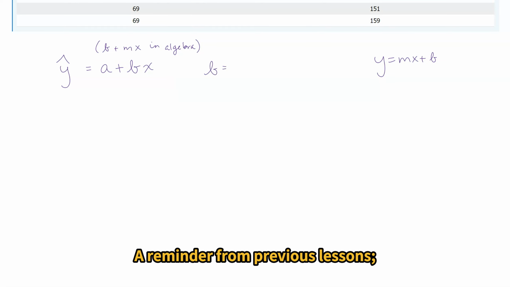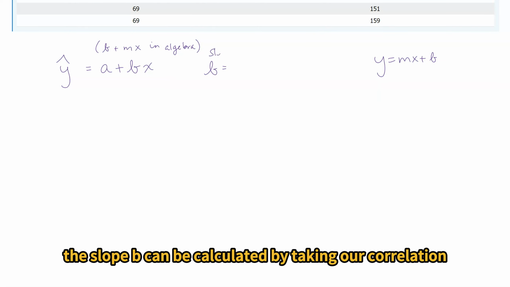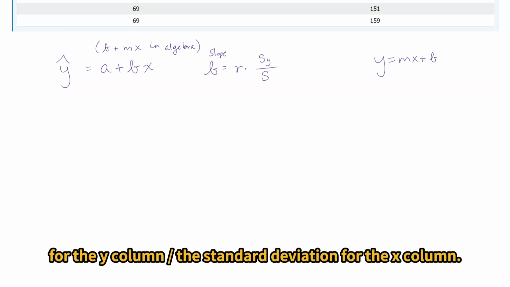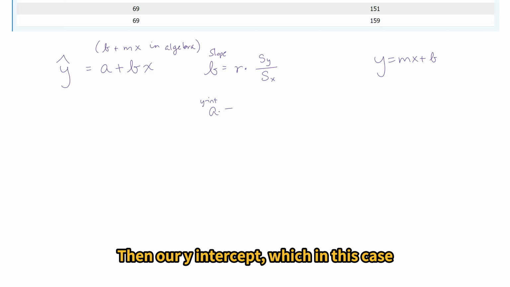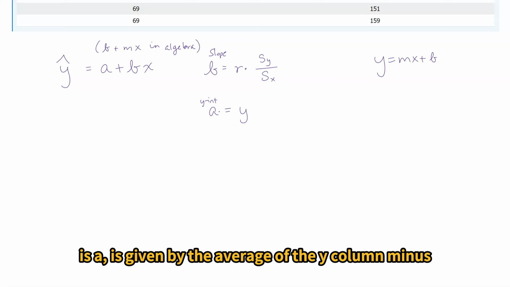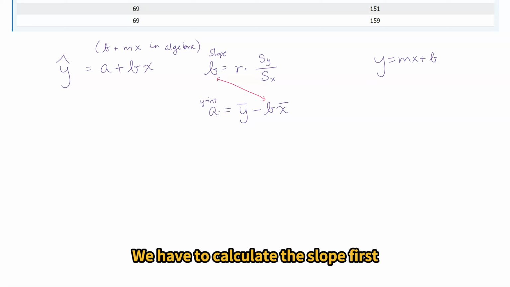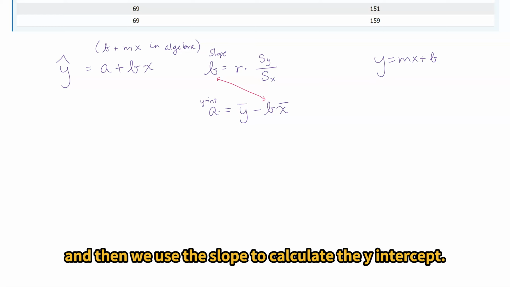A reminder from previous lessons, the slope, b, can be calculated by taking our correlation coefficient r and multiplying it by the standard deviation for the y column divided by the standard deviation for the x column. And then our y-intercept, a, is given by the average of the y column minus b times the average of the x column. And these b's are the same b's. So we have to calculate the slope first, and then we use the slope to calculate the y-intercept.